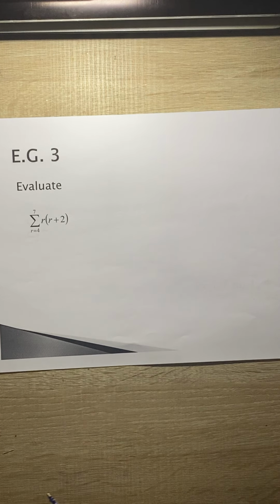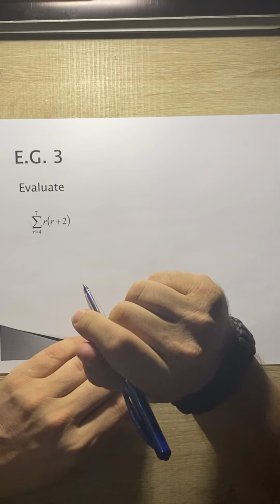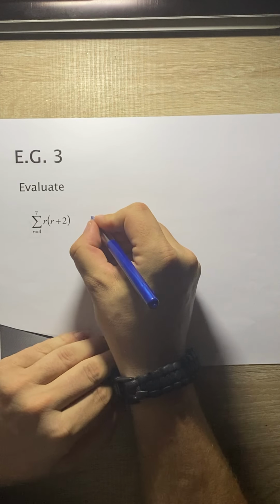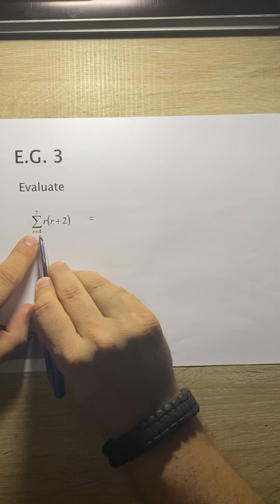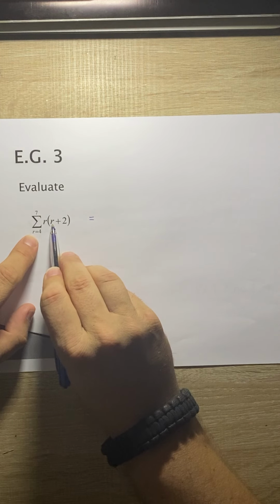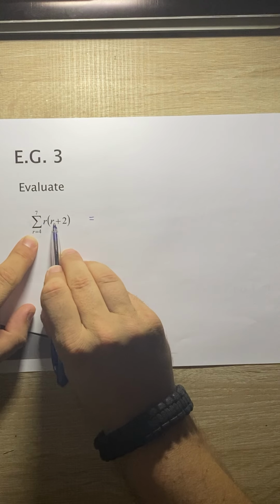Example 3. Now we have to evaluate, so we have to find an exact solution. We're going to start at 4. Wherever I see an r, I substitute with a 4, then I go to 5, 6, and then we stop at 7.